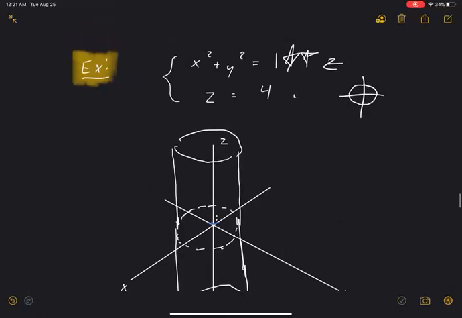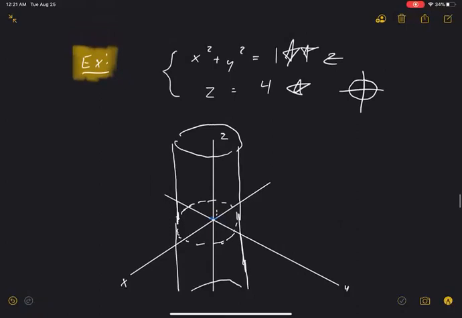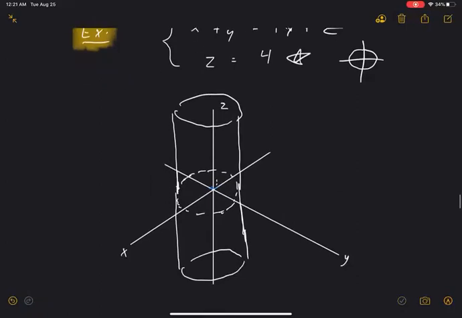And then I'm given the additional equation, z equals 4. Well, what is z equals 4? Z equals 4 is the plane, right? Let's say this is 4. Z equals 4 is the plane that cuts through that point. Trying to make this look good. Let's say it goes back here.